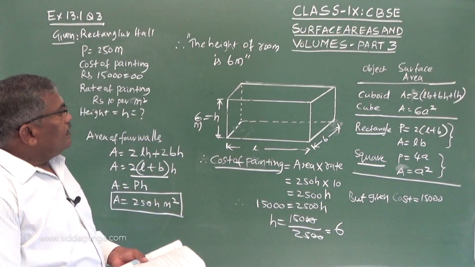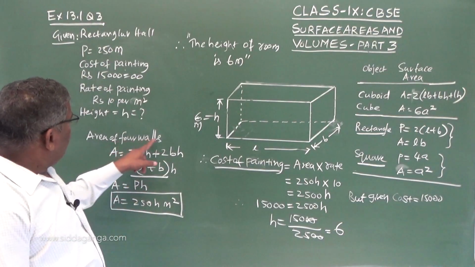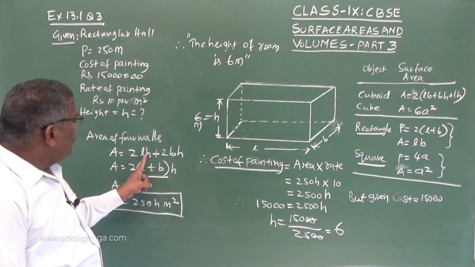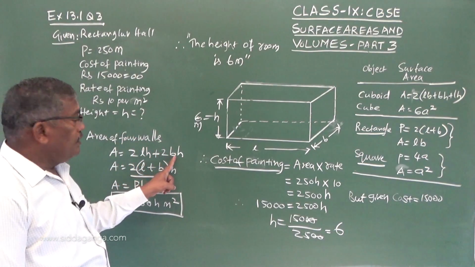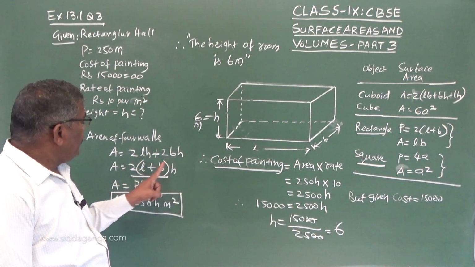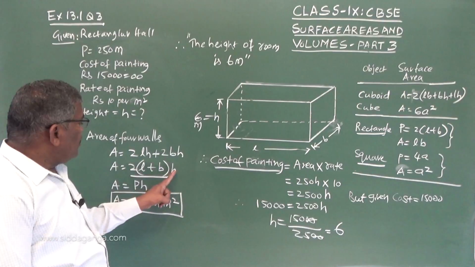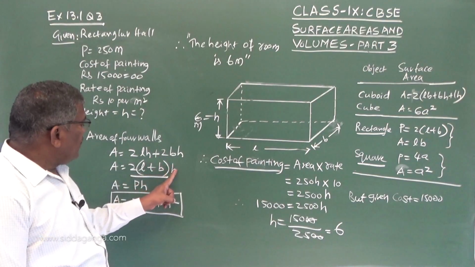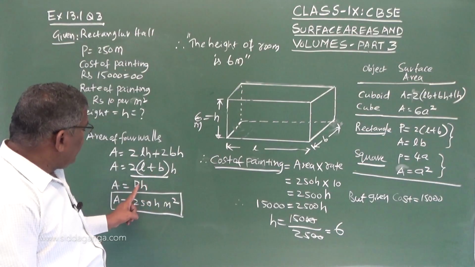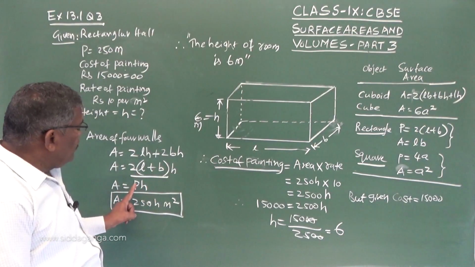So what have we done? We have taken the area formula. The area of the walls is 2 into LH plus 2BH, the front and back walls and the 2 side walls, and we have rearranged it. H I have taken outside, 2 I have taken outside. 2 into (L plus B) is nothing but the perimeter, and the perimeter value is given.